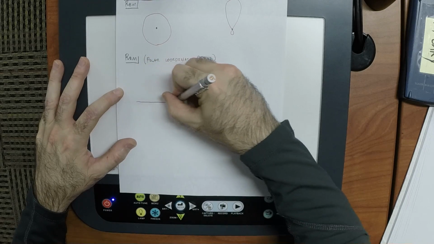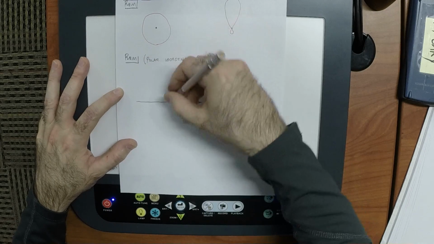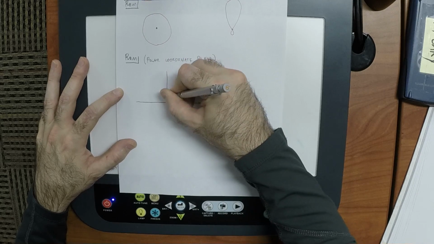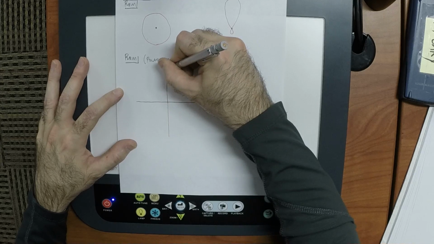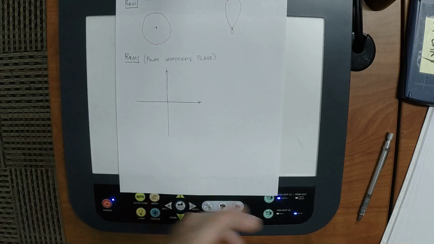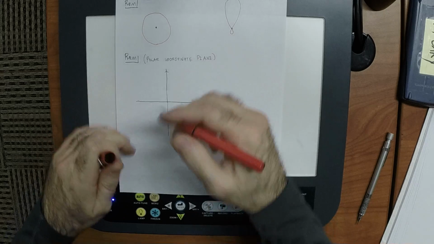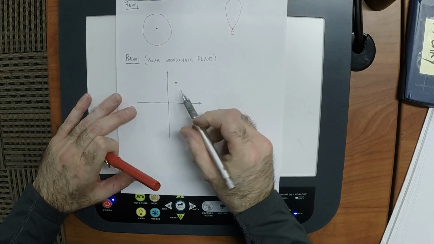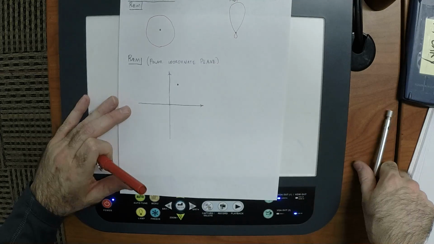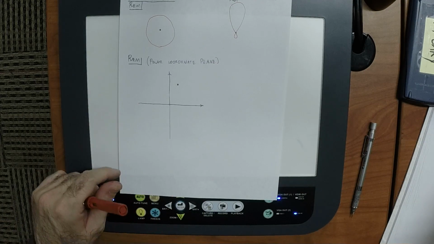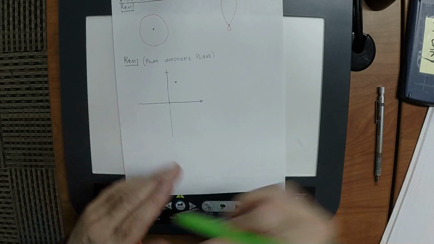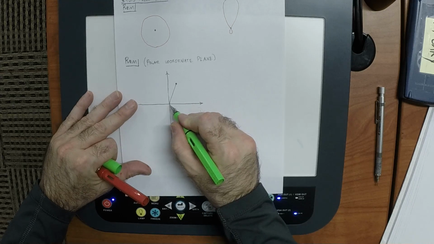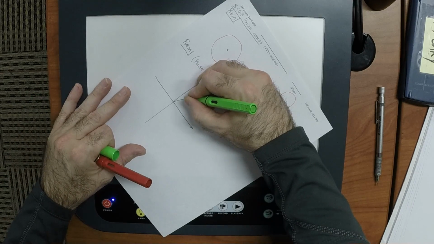So we have a horizontal axis and a vertical axis. And then you can select any point on the plane that you want, say like this one. And then instead of using x and y, we're going to take this measure from the pole to that point, and this we're going to call r.